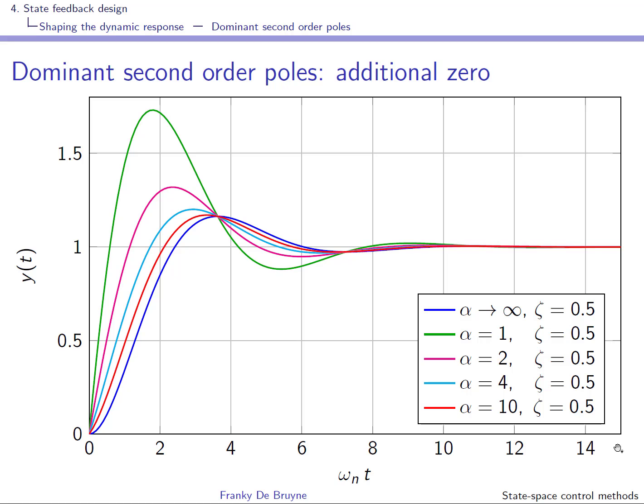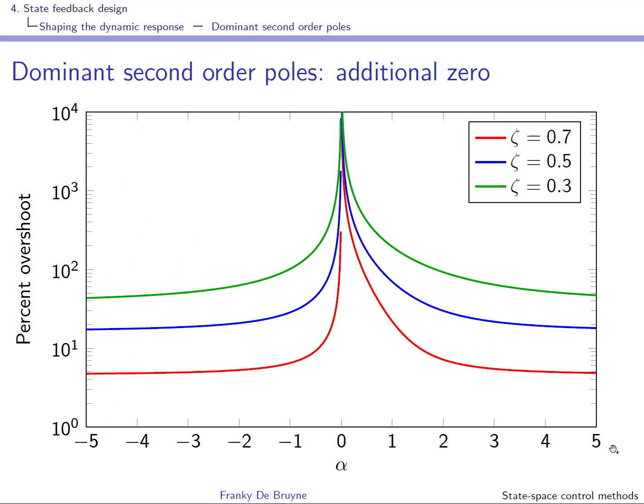Remember that alpha equal to infinity corresponds to the response where there is no zero, and we know that for zeta equal to 0.5, the step response in this case will give an overshoot of approximately 16%.